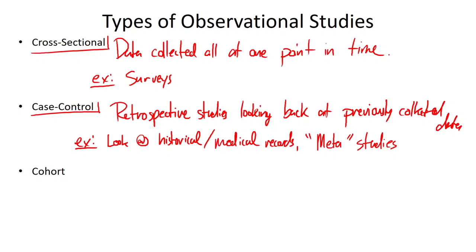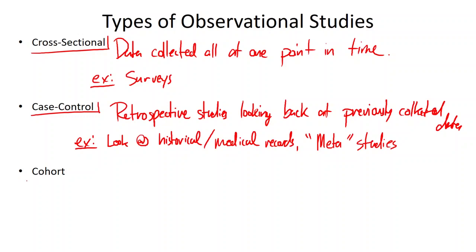Say you want to look at the one we looked at with birth defect rates. There's been a ton of studies throughout time on pregnant women, and each of those studies may have collected very similar data. So you go back, sift through those studies, and combine them into sort of a mega study to see what overarching themes or trends you can see. Those are called meta studies. They're studies of previously done studies.